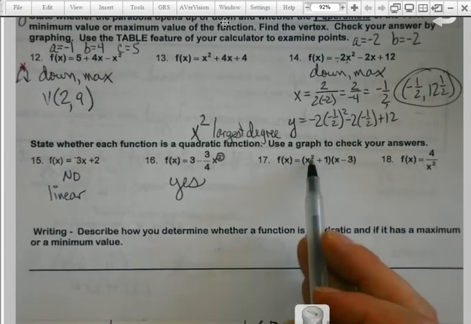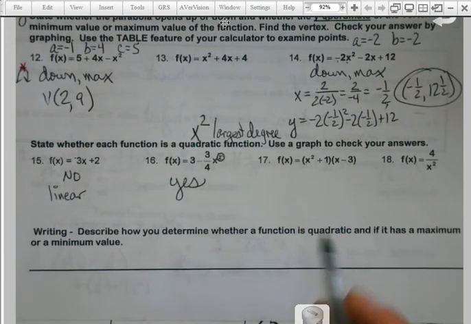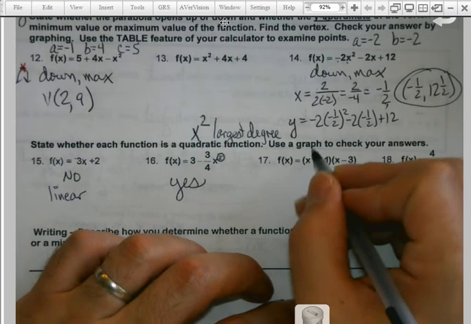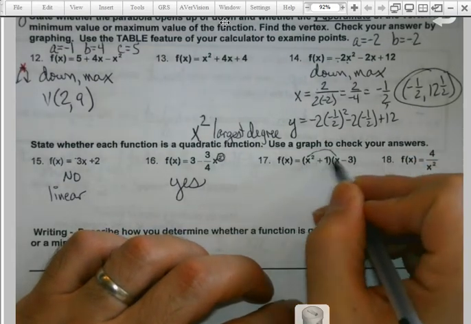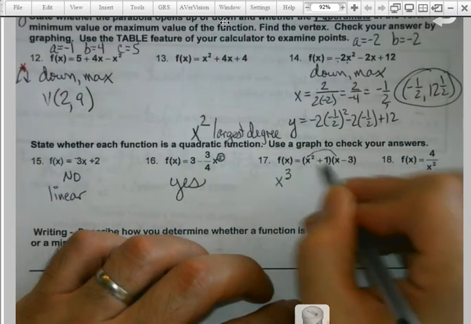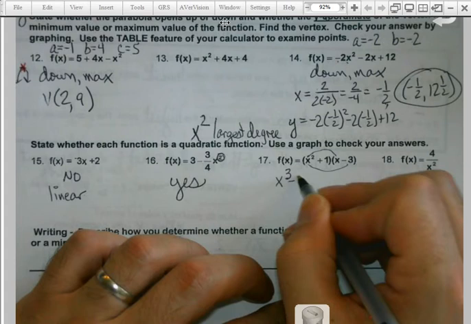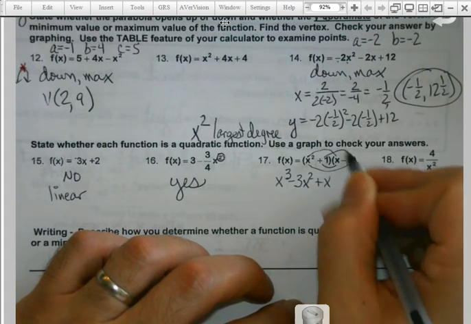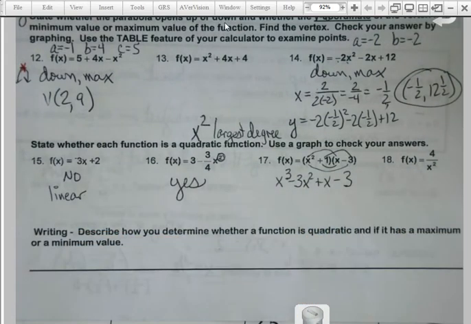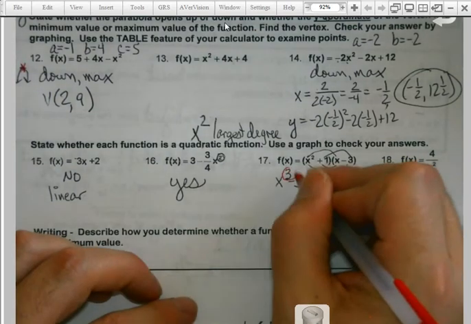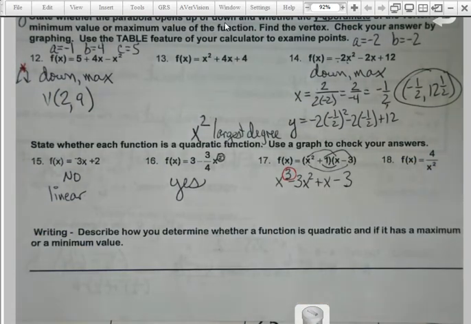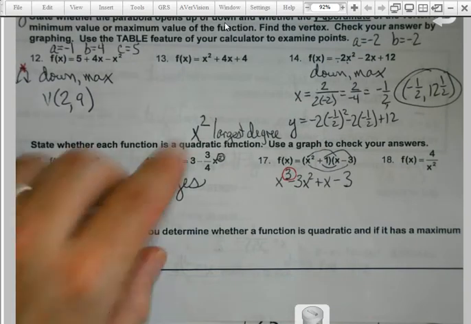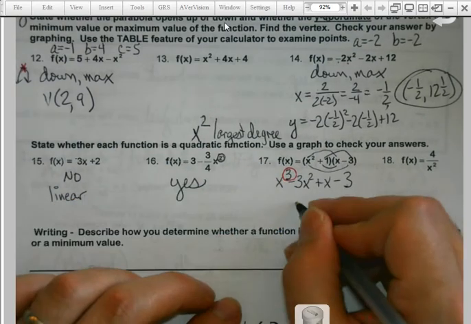I see a squared there, but here's the kicker. If I FOIL this out, so x squared times x is x to the third minus 3x squared plus x minus 3. When you're looking for the degree of a function, you're always looking at the largest one. So in this case, my largest one isn't squared, it's cubic actually.